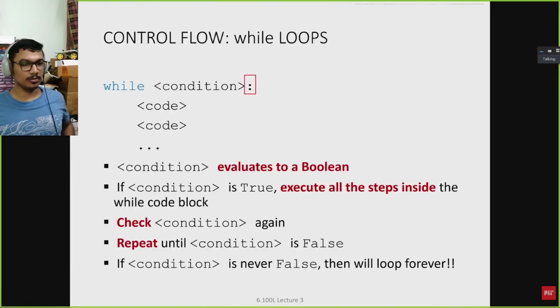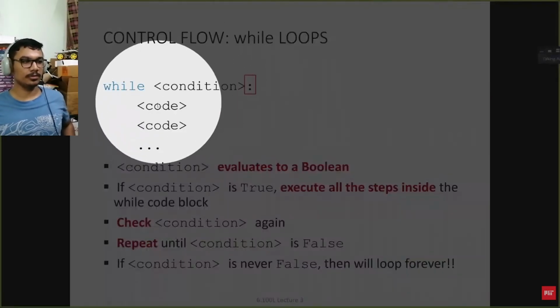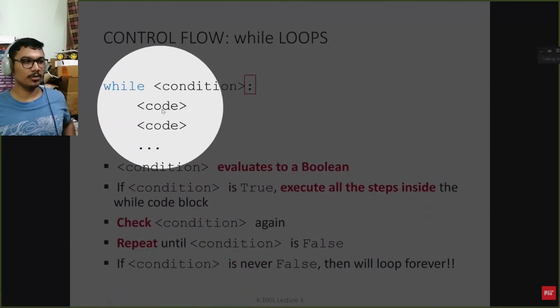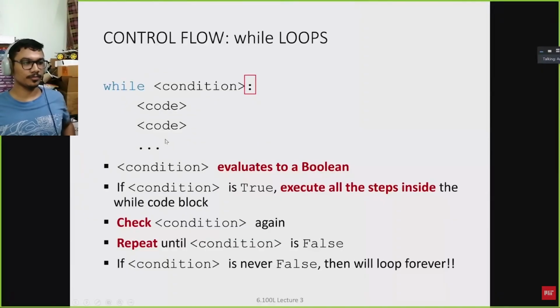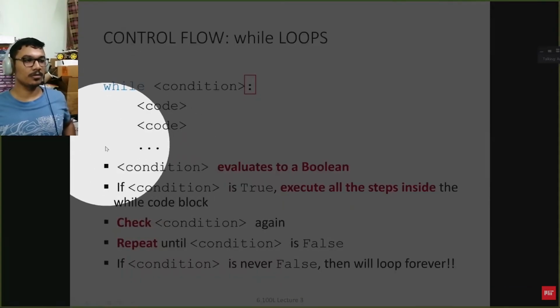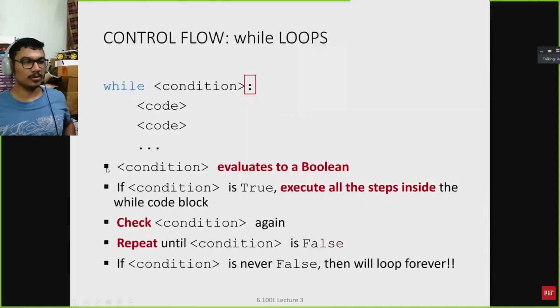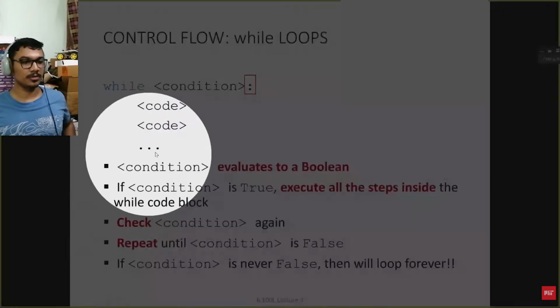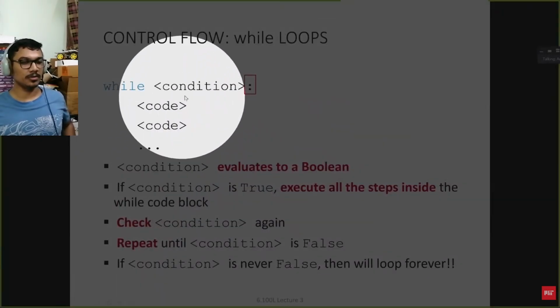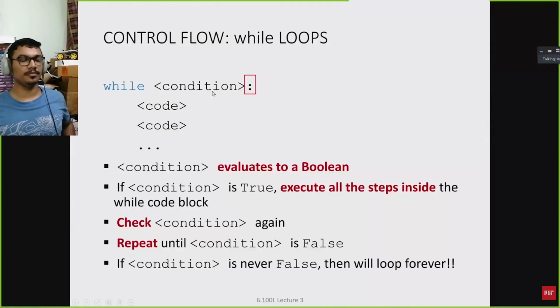So when the condition becomes false, Python will no longer execute the stuff that's indented inside the while loop, and it'll rejoin the rest of the program at the same indentation level as the while loop. Notice that the fact that we're doing this code over and over again depends on this condition being true.